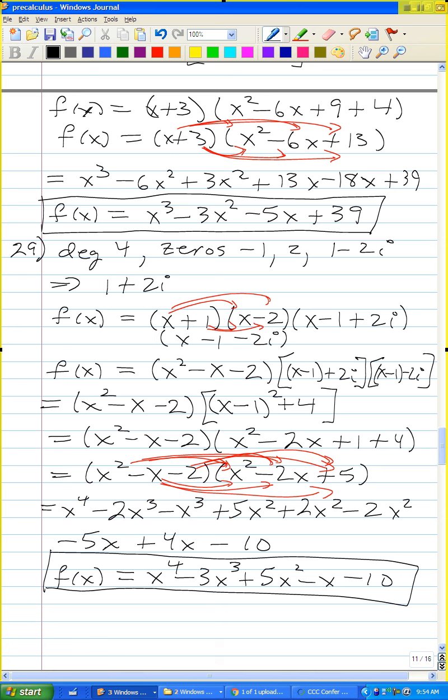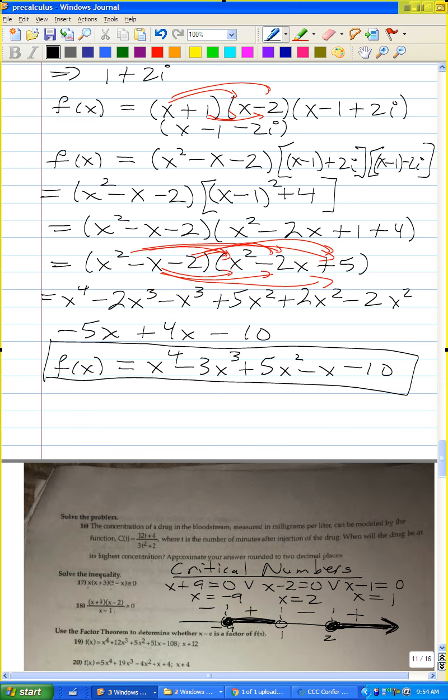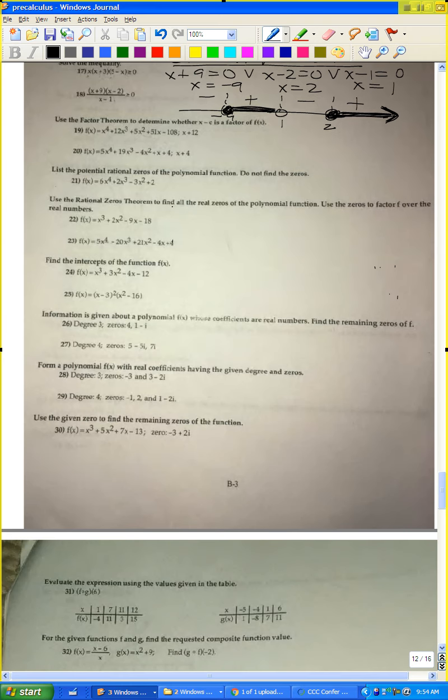Okay, so let's do problem number 30. Use the given 0 to find the remaining zeros.